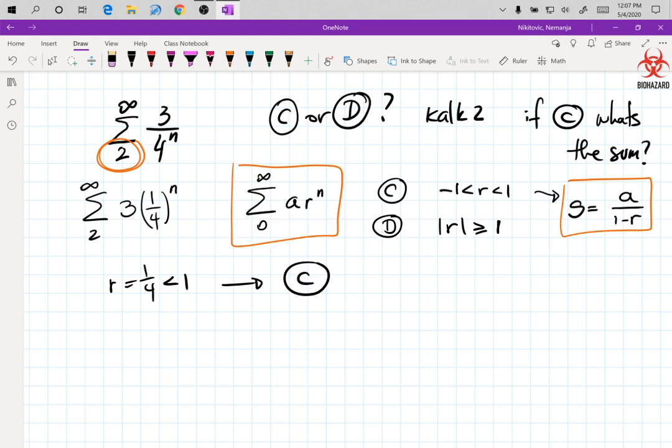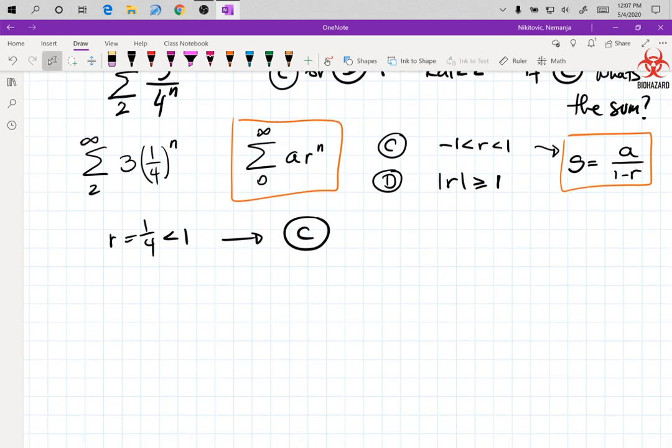So we have to use what we call shifting the counter to 0, which will change our a. So your a is not 3. This value is a only when this value is 0. That's what we learned in Calc 2. So our job is to take this 2 and shift it into a 0.